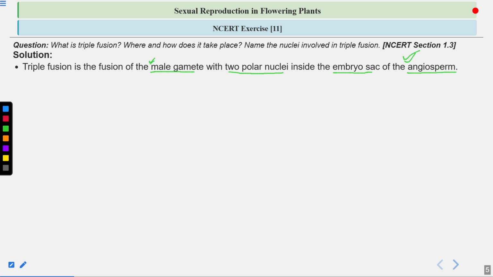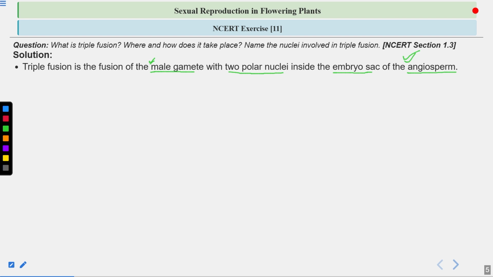But the next male gamete moves toward the center of the central cell. There is a central cell in the embryo sac, you all know. And in that central cell, two polar nuclei are there, and that is the part of the embryo sac only.